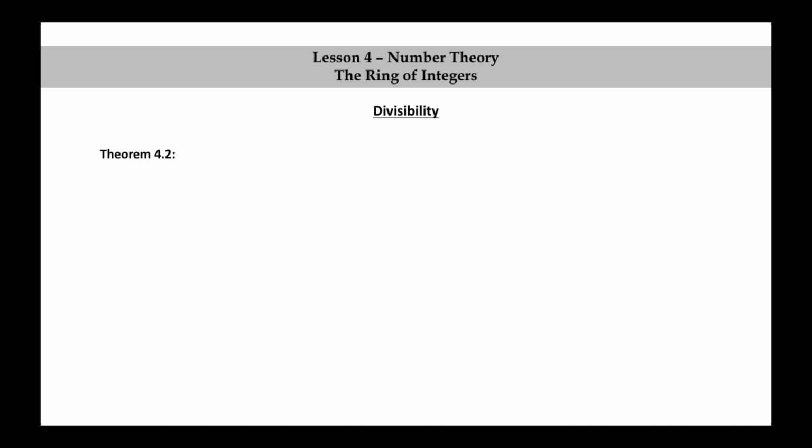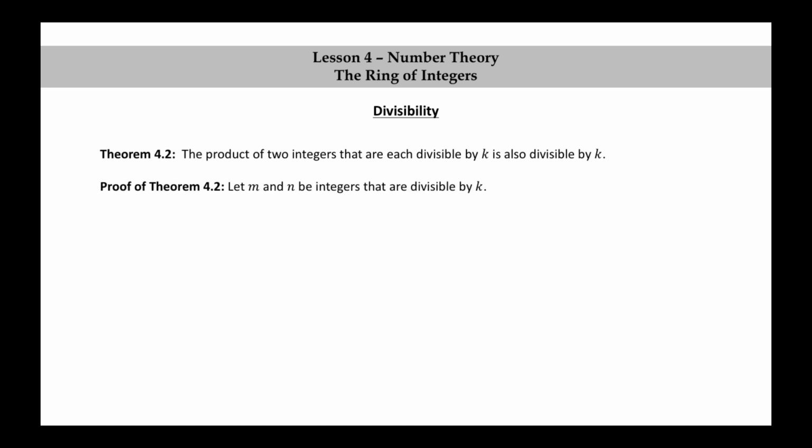Another theorem. The product of two integers that are each divisible by k is also divisible by k. Okay, the proof is very similar to the proof of the last theorem that we did. So let's go through it. Let m and n be integers that are divisible by k.